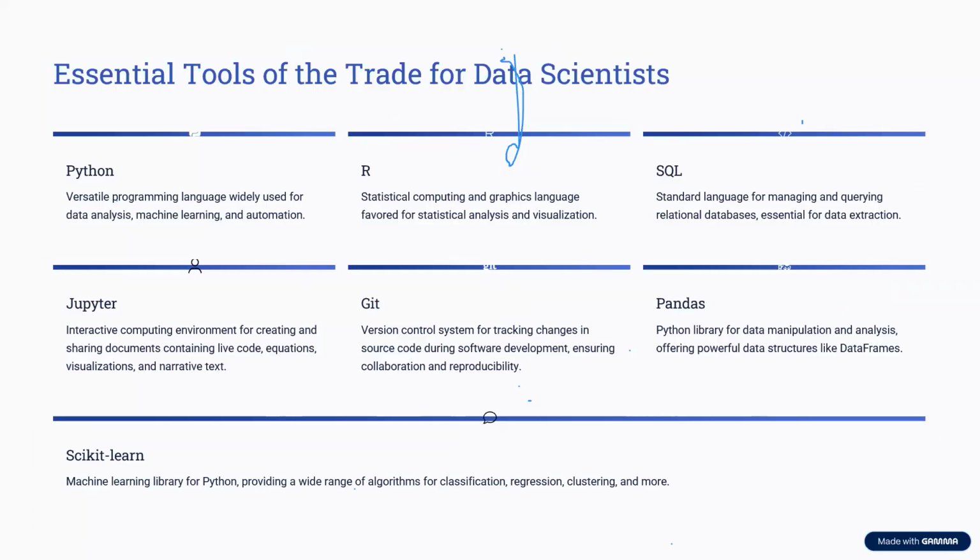Okay. Now, let's look at some of the tools that you'll be using as a data scientist. Now, you will not be doing the data science in your head, right? You'll be using some tools to help you achieve your goal as a data scientist. Now, obviously, you will need a laptop or a PC, and then you also need some tools, okay?